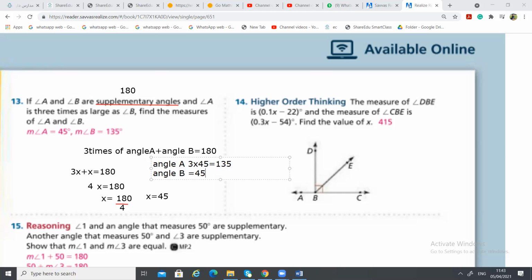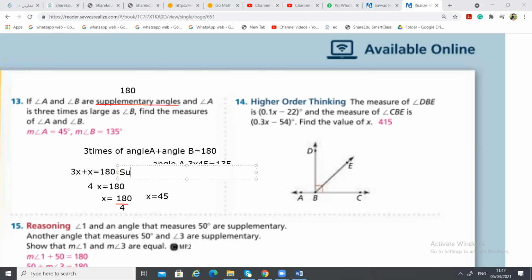Once again, listen to me very carefully. In the question they give you angle A is 3 times B. So let angle B be x. So 3 times x is 3x. 3x plus x is equal to 180. Why 180? Because of supplementary angles.